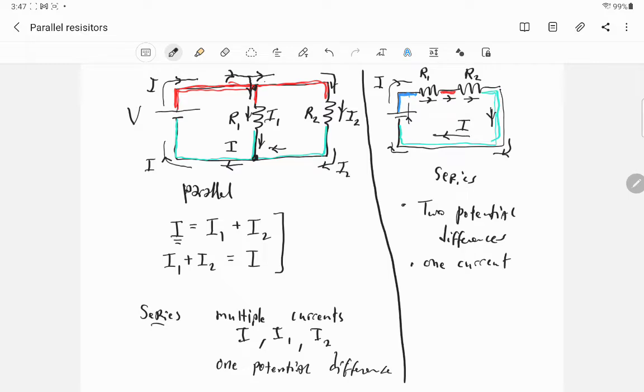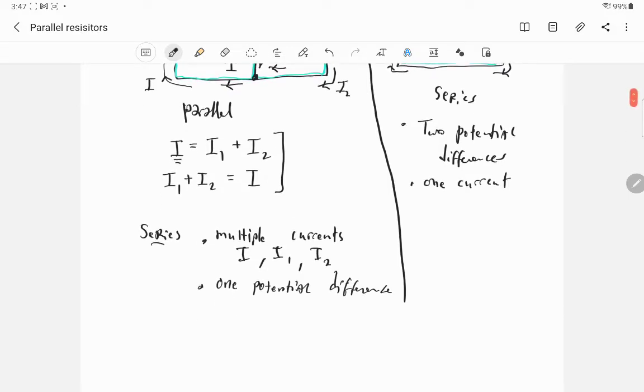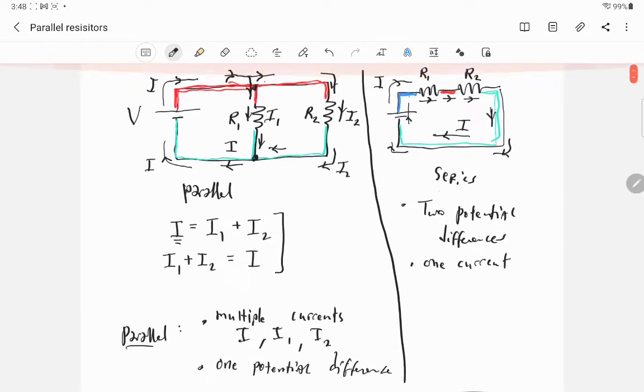Can you see that these are very different types of circuits? So there's big differences between the parallel, sorry, I meant to say parallel circuits, and over here is the series. So they have very different setups, very different things going on.